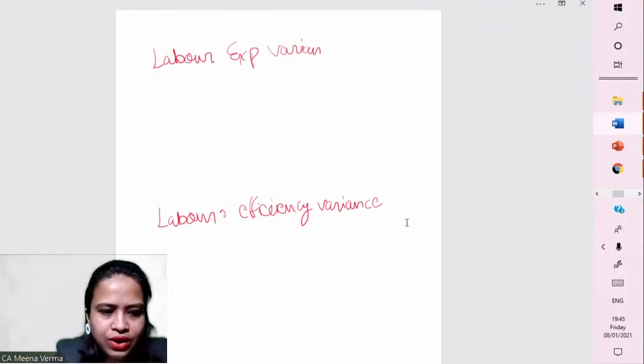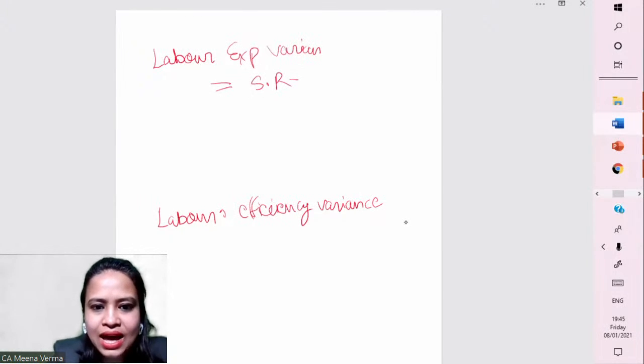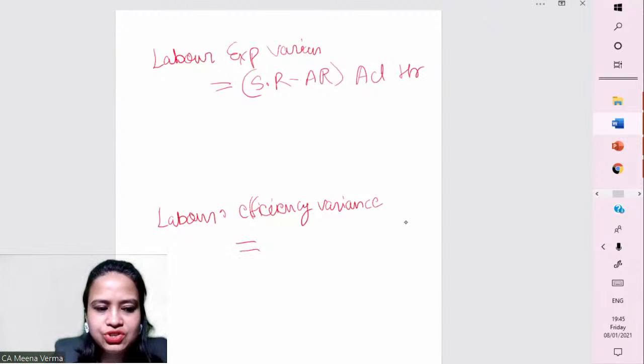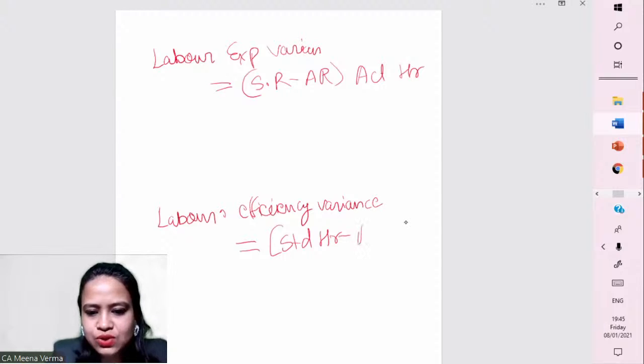The formula of expenditure variance is what? Standard rate minus actual rate, okay, into actual hour. For efficiency variance, what will you consider? Standard hours minus actual hour worked, okay, into standard rate. Simple, very simple.